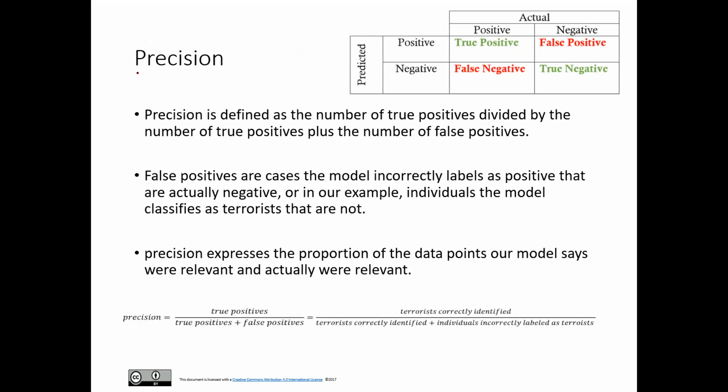So that takes us to precision over here. And again, we go back to our little table of true positives, false negatives, true negatives. And so precision is defined as the number of true positives divided by the number of true positives plus the number of false positives.